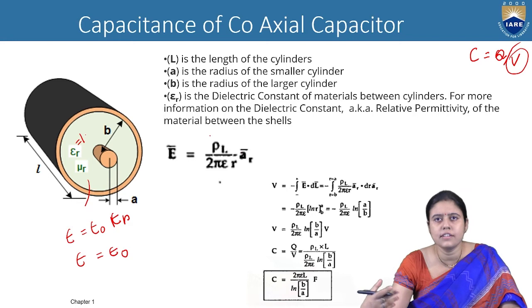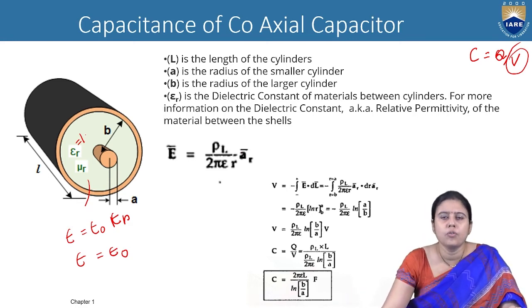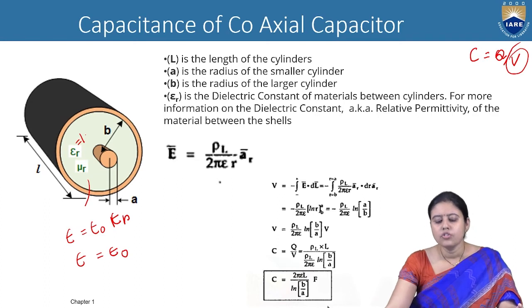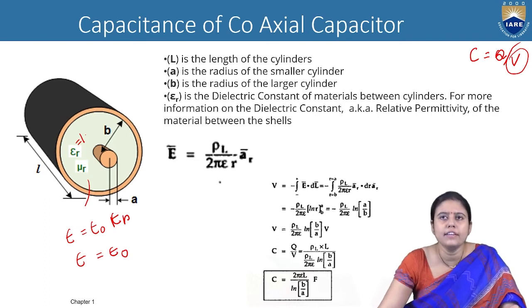Already I have discussed in the first slide that rho L is nothing but the line charge density, charge per unit line. So E is equal to rho L by 2 pi epsilon r.